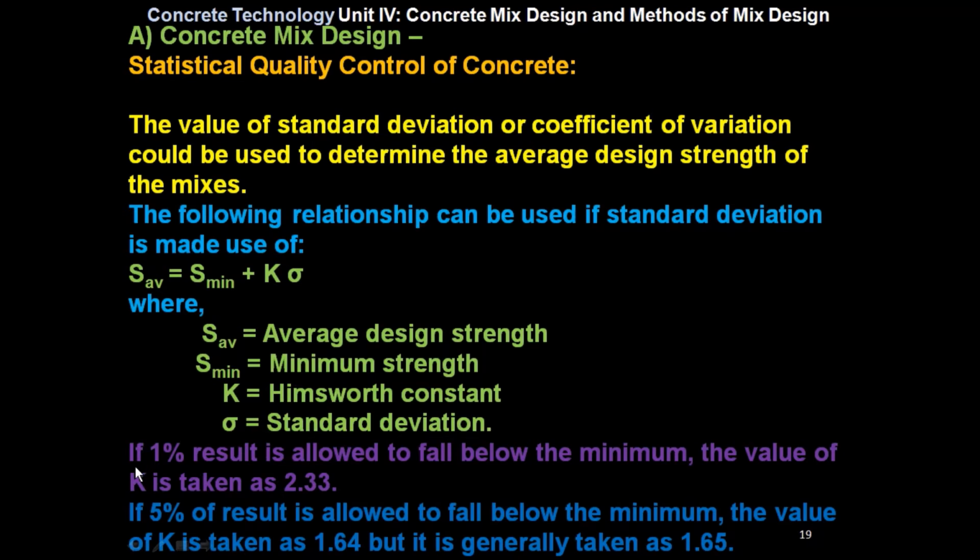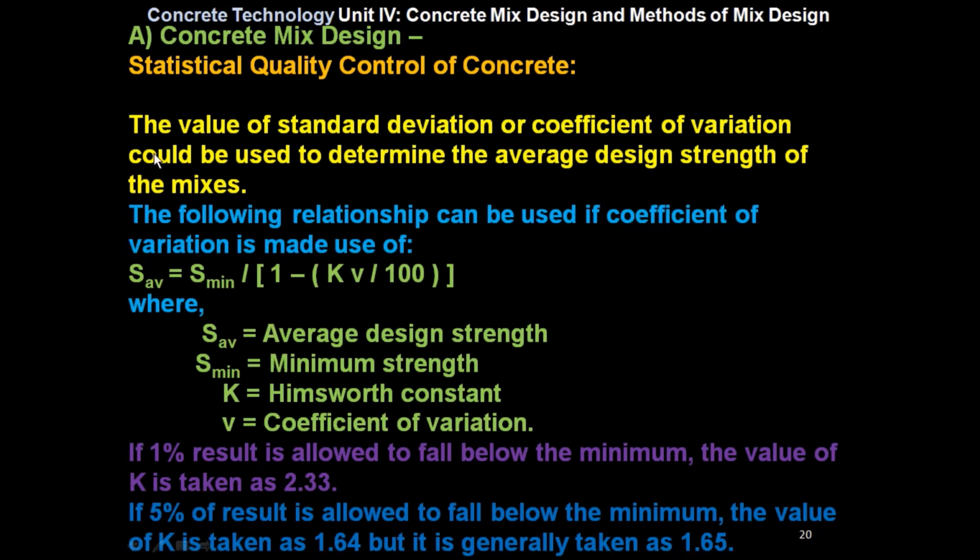If 1% result is allowed to fall below the minimum, the value of K is taken as 2.33. If 5% of the results is allowed to fall below the minimum, the value of K is taken as 1.64, but it is generally taken as 1.65.